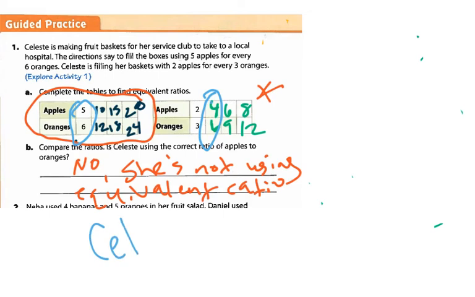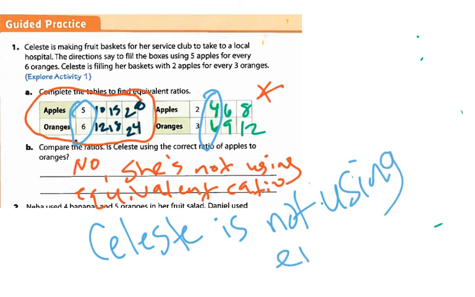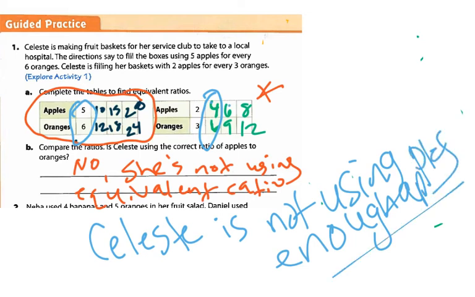So Celeste is not using enough what? Apples. That's how we can easily compare those. Okay? I hope that makes sense.